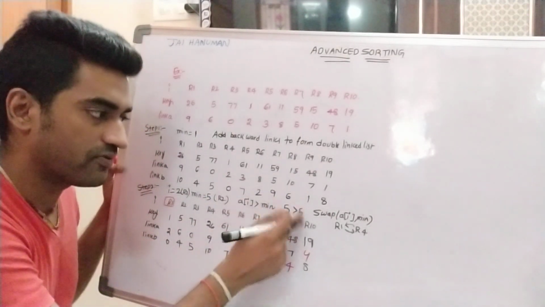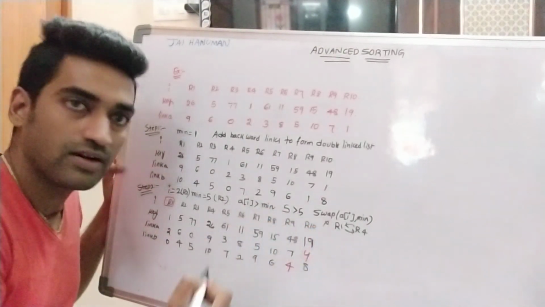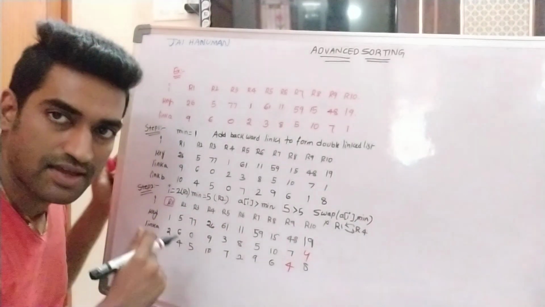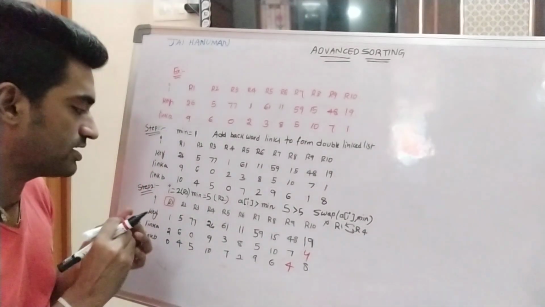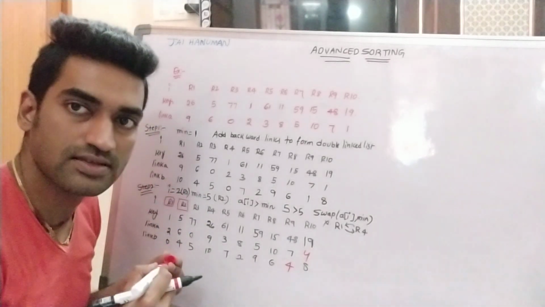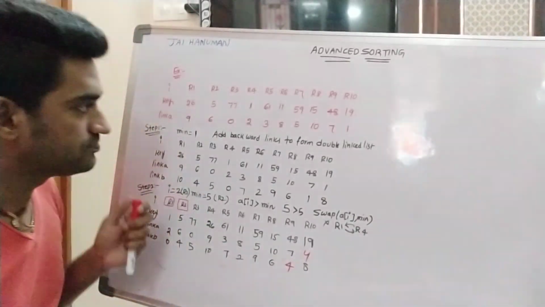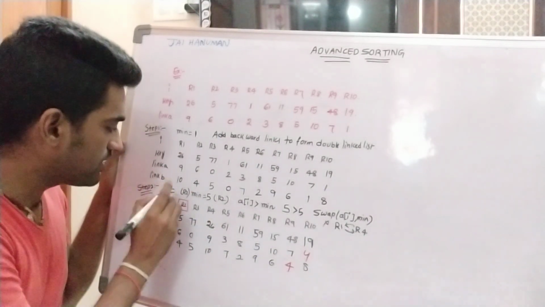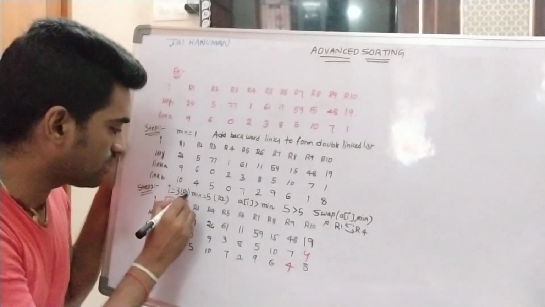So this is a false condition, so we need not apply any swapping procedure. Record R2 is the same. So R2 is sorted. After completion of this, the I value is incremented by 1, that is R3.